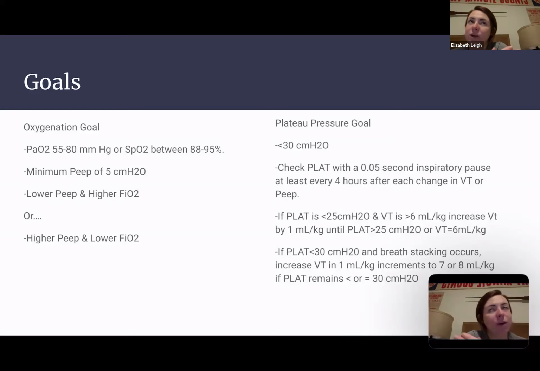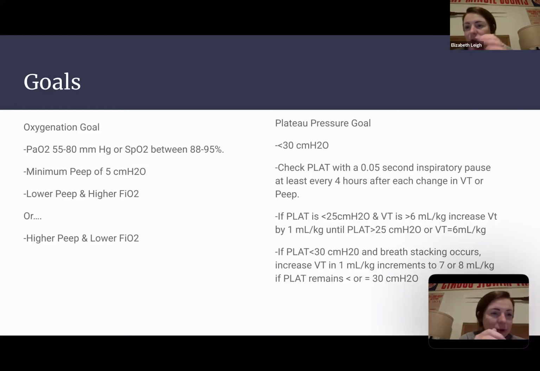If the plateau pressure is less than 25 centimeters of water and tidal volume is less than 6 milliliters per kilogram, you're going to increase the tidal volume by 1 milliliter per kilogram until the plateau pressure is greater than 25 centimeters of water, or the tidal volume is equal to 6 milliliters. So we're just trying to balance those numbers out.